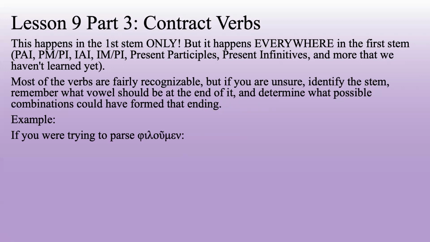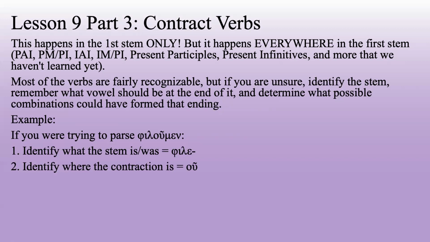But if you weren't sure, first identify what the stem was, which would be phile. You should at least be able to identify that oumen is the theme vowels and endings, which would have left you with phil, and then you'd remember from your vocabulary phileo, so the stem is phile.